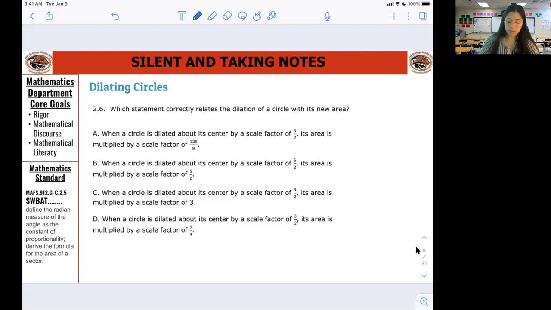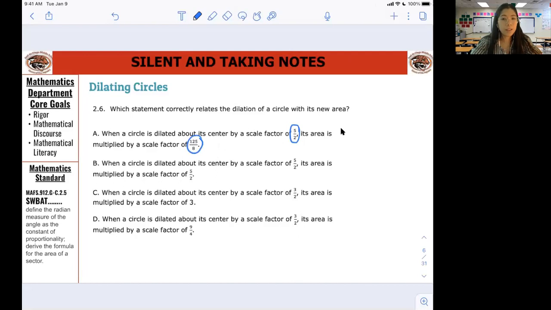Okay. So if the scale factor for the radius is 5/2, what did they do here to get 125/8? What did they do there? Think about it.